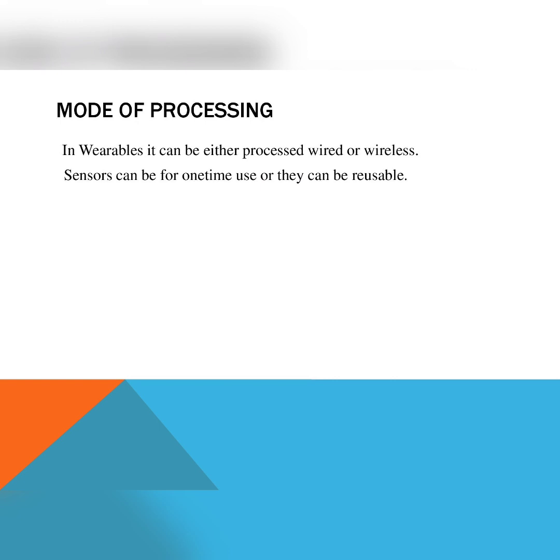In the wireless class of wearables, the communication capability is built in, which transmits the signals wirelessly to a monitoring unit. The sensors can be for one-time use or they can be reusable.